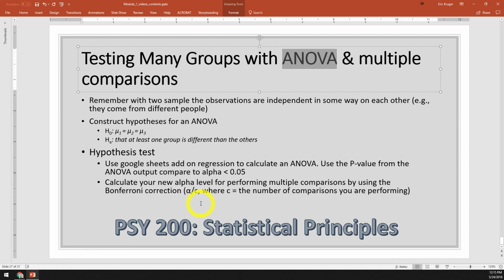All right, so in this video I've gone over the ANOVA, a basic way to compare multiple groups, basically more than two groups. I've shown you how to do this and construct hypotheses related to the ANOVA. I've also shown you how to perform multiple comparisons and to adjust your alpha level when performing these follow-up comparisons after you performed the ANOVA.